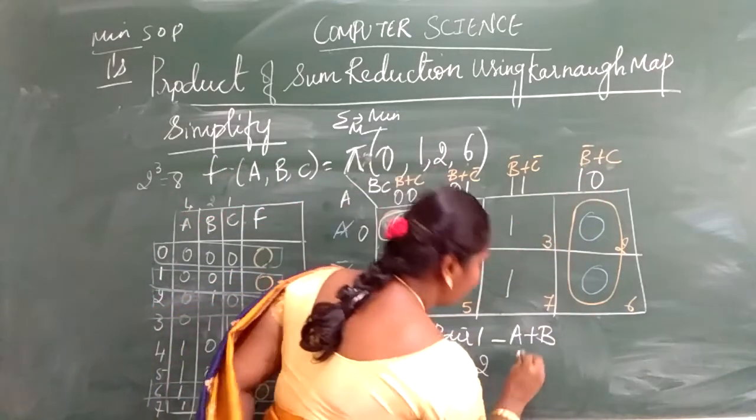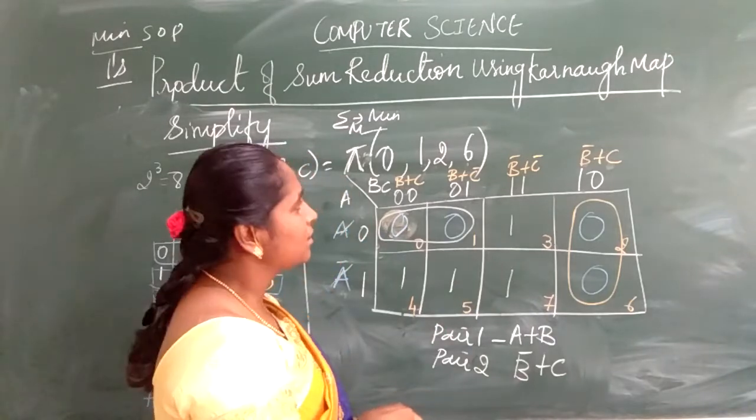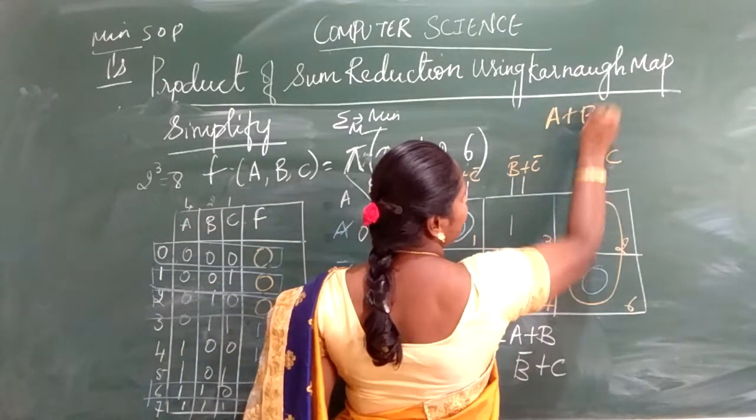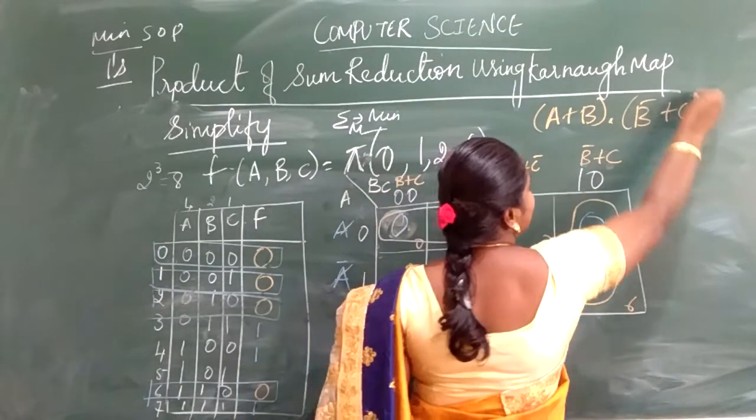My value is B bar plus C. So the expression for this POS is A plus B into B bar plus C.